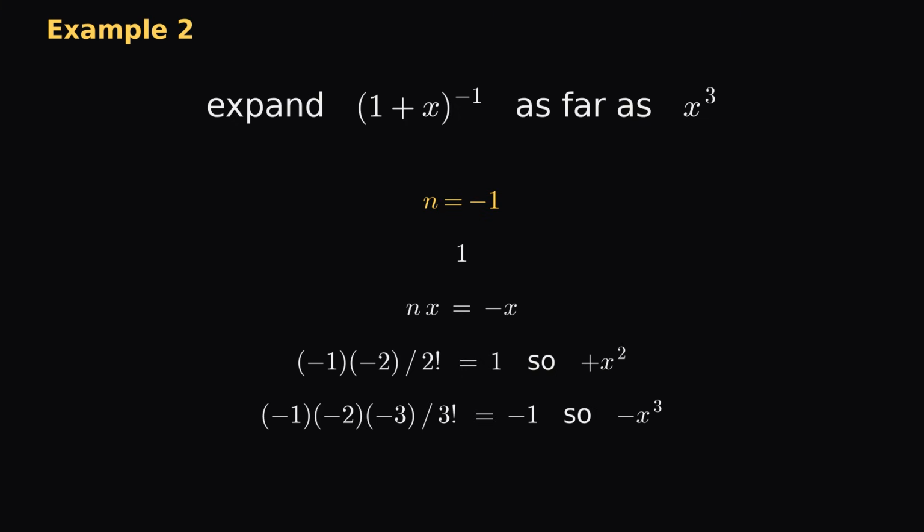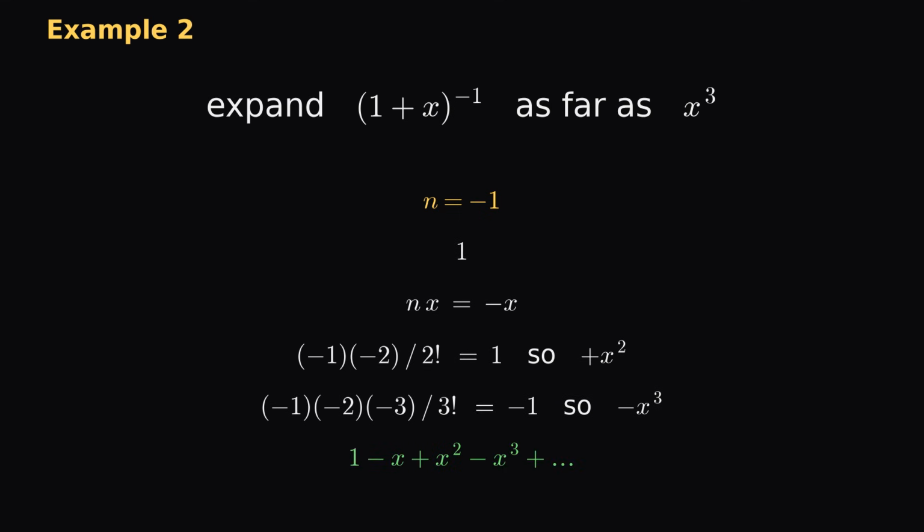Then minus 1 times minus 2 times minus 3 over 3!: minus 6 over 6, minus 1. So minus x^3. 1 - x + x^2 - x^3, and on it goes. Valid when the size of x is less than 1.